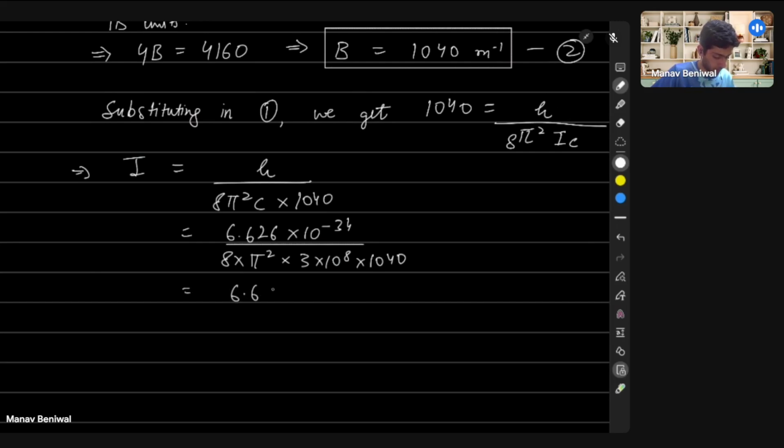This becomes 6.626 divided by 8 pi squared, or let's write 24, into 1040 into 10 to the power minus 42. So let's plug it in a calculator.